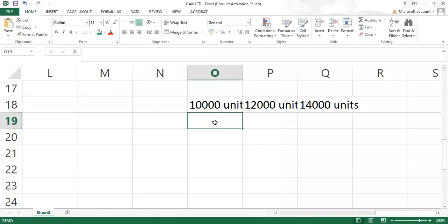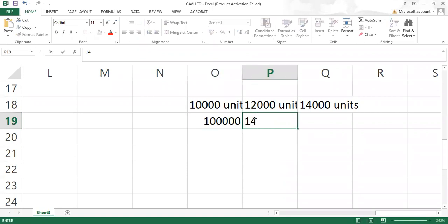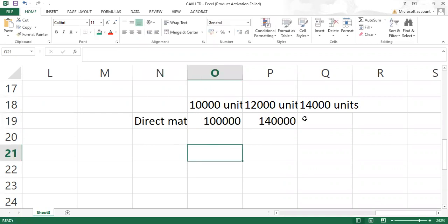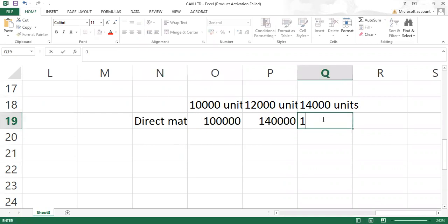Then they will give you the cost for all of them. If we are producing 10,000 units, the cost is 100,000. This is 140,000. Let's assume that is direct material. Then this is 175,000.